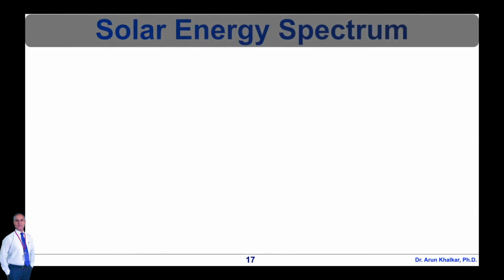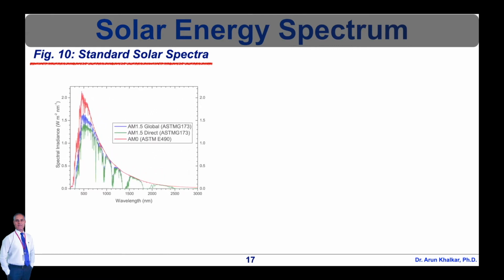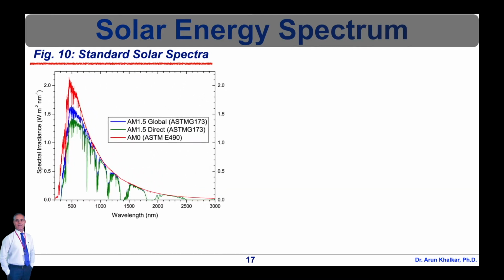Now let's see the solar energy spectrum. The standard solar spectra are shown in this diagram. The solar spectrum changes throughout the day and with the location on the earth. Standard reference spectra are defined to allow the performance comparison of photovoltaic devices from different manufacturers and research laboratories.